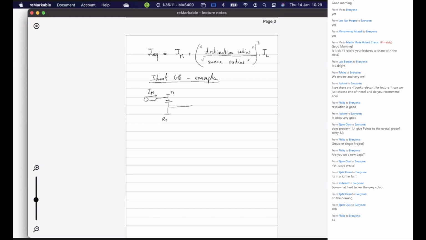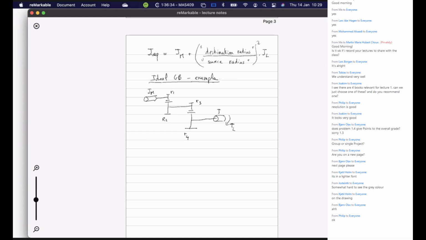And then we have here R3 and R4. And then here we attach an inertial load, and we also have a TL, external load torque.